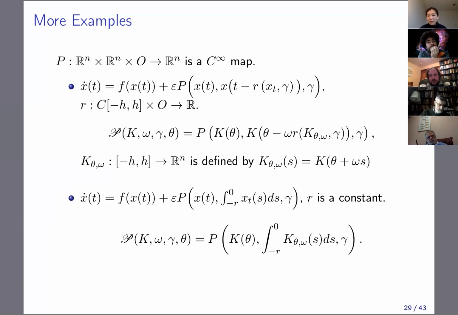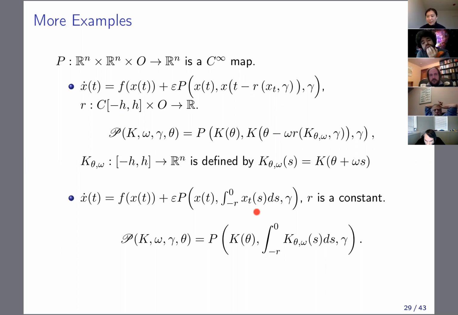The general result lets us consider more complicated state-dependent delay equations. For example, one can consider delays which depend on a segment of the solution and also on the parameter gamma. One can also consider distributed delays in terms of an integration.